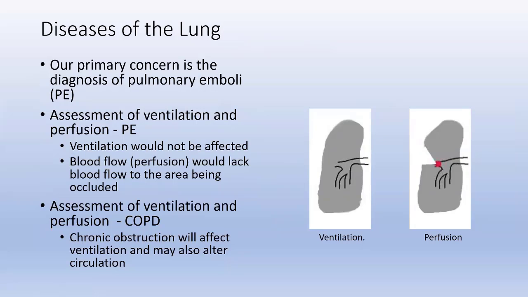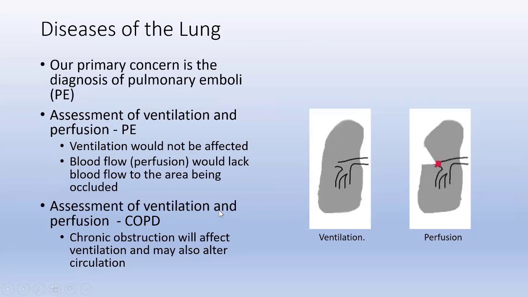So there are 2 basic lung diseases that we want to appreciate and to evaluate, but only one that we really are most concerned about, and that is pulmonary emboli, or PE. In PE, when we give a ventilation perfusion lung scan, the ventilation portion in general should not be affected by any blood clot that is actually in the lung. So the ventilation normally fills in, as we see in this diagram here.